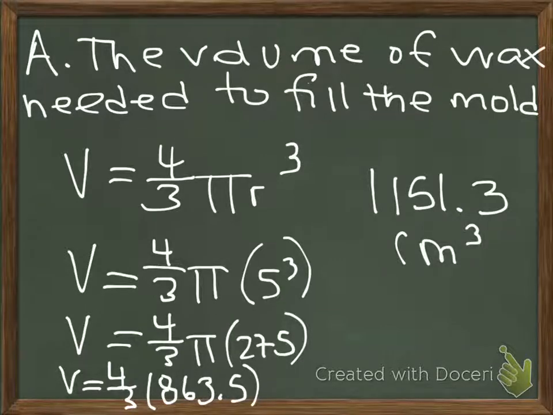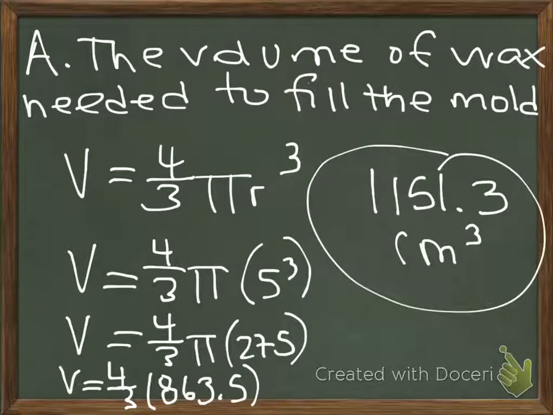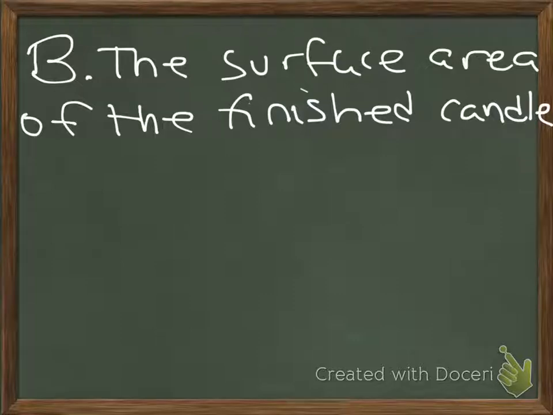So we need 1,151.3 centimeters cubed for the volume. And for the surface area, we need the surface area formula of a sphere, which is 4 pi r squared.